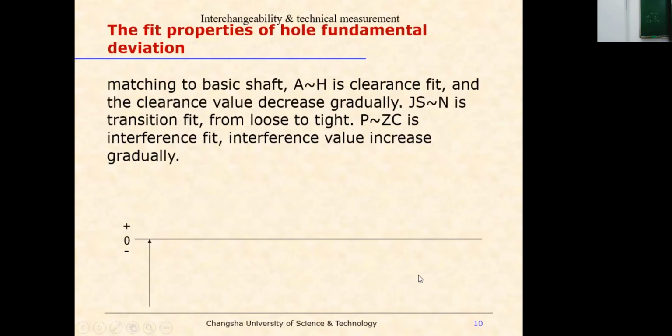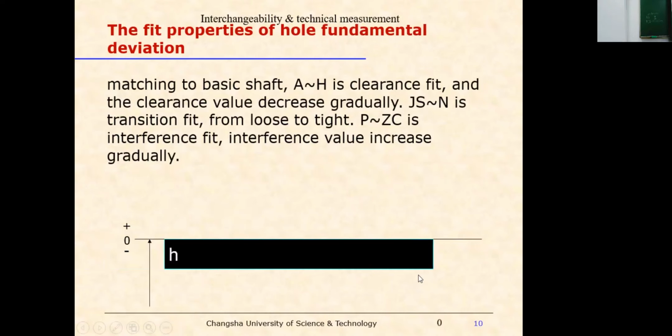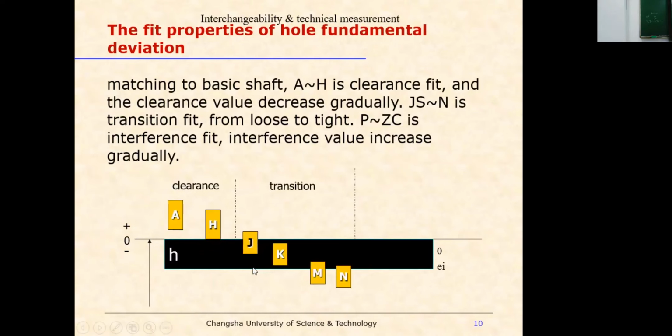And then match to basic shaft: A to H is also the clearance fit, and the clearance value decreases gradually. JS to M is transition fit, from clearance to interference.